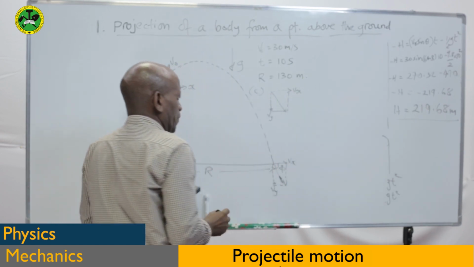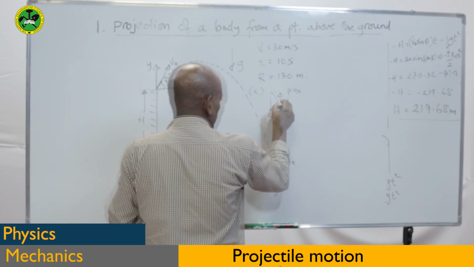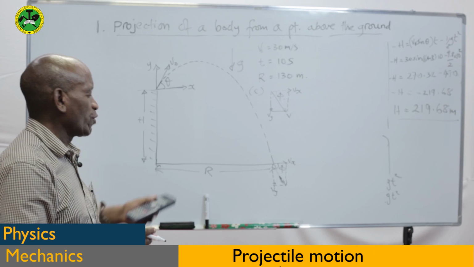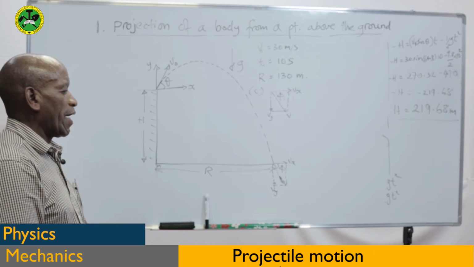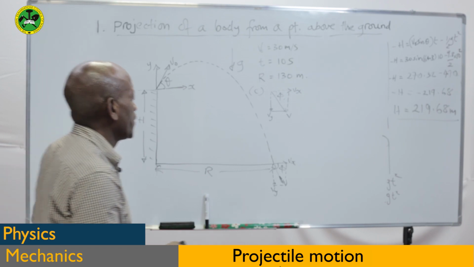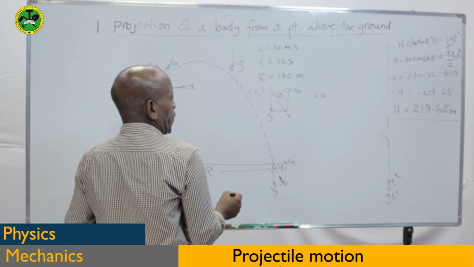This is part C. If this is the velocity v, then we need to determine the angle at which the ball hits the ground. To determine the velocity v, we use the Pythagoras theorem.